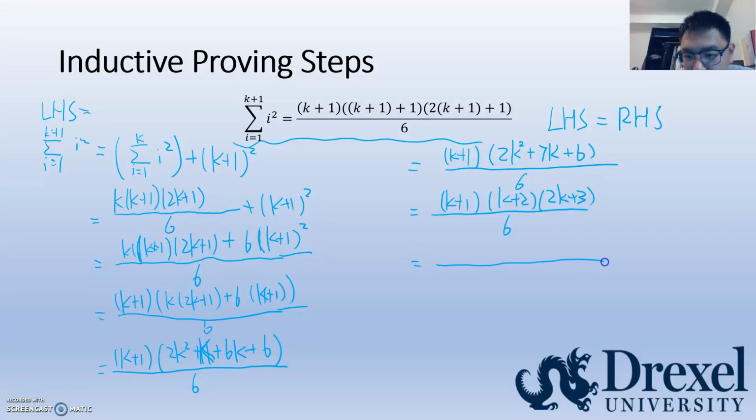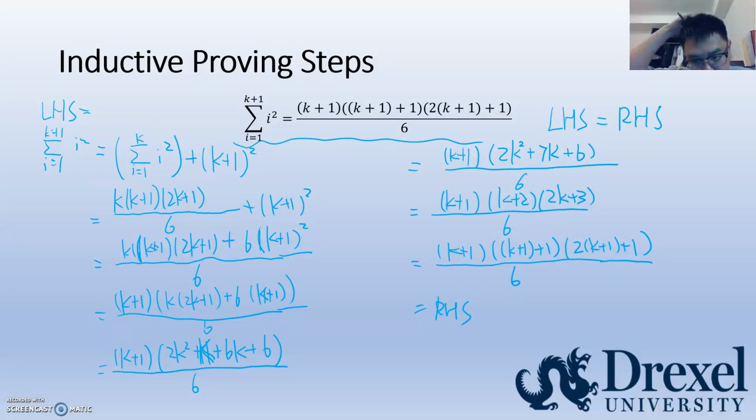And then I just modify it to something that I feel comfortable with. Basically, the first term stays k plus 1, and the rest is k plus 1 plus 1 times 2 times k plus 1 plus 1, which is exactly what the right hand side looks like.